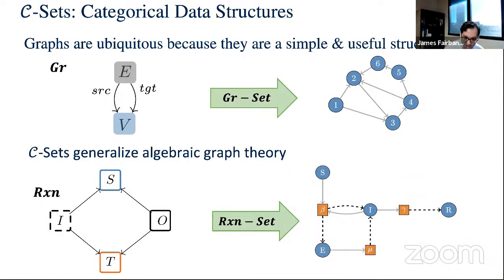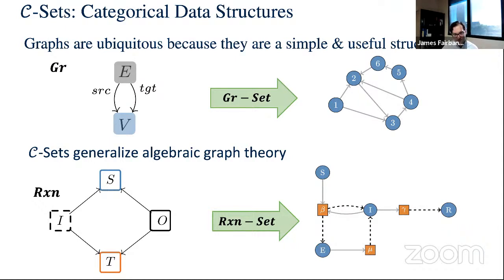One huge class of ideas from category theory that we've found very useful is the notion of copresheaf categories, or CSets, where you've got a generalization of graphs that are particularly well behaved. Graphs are ubiquitous because they're very simple and very useful, right? A graph is just a set of edges, a set of vertices, and two maps, the source map and the target map.